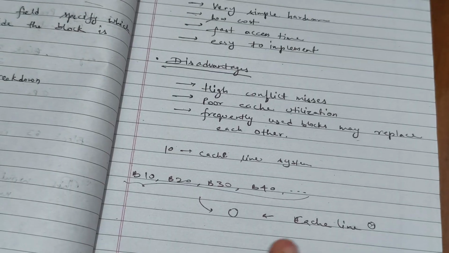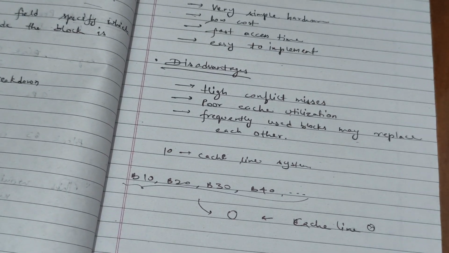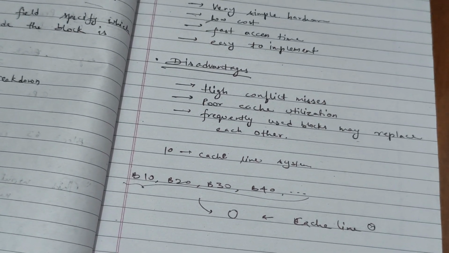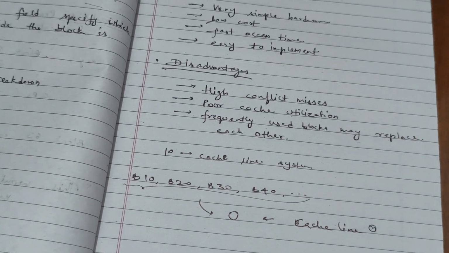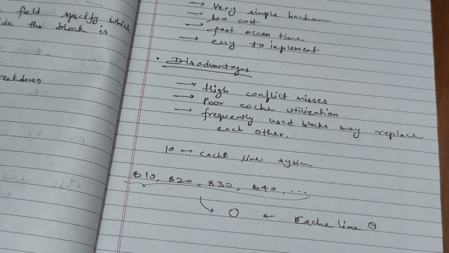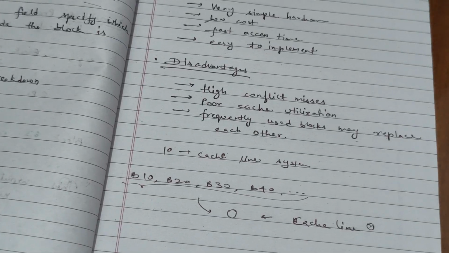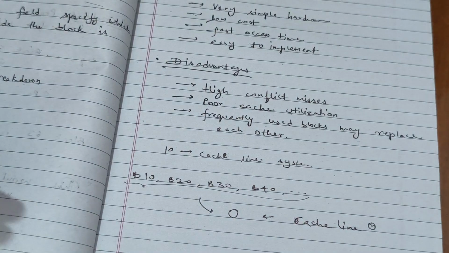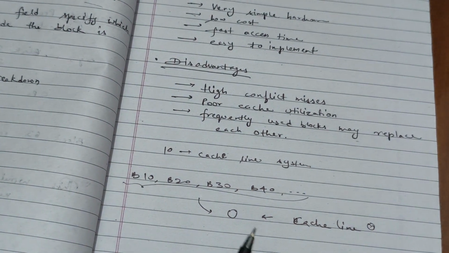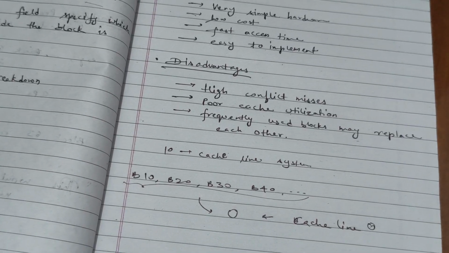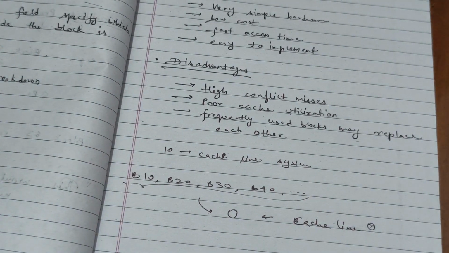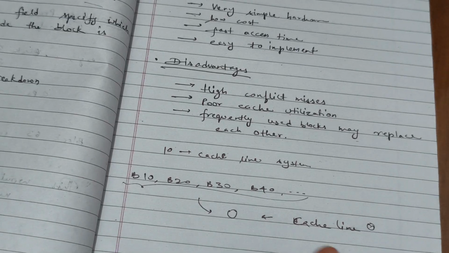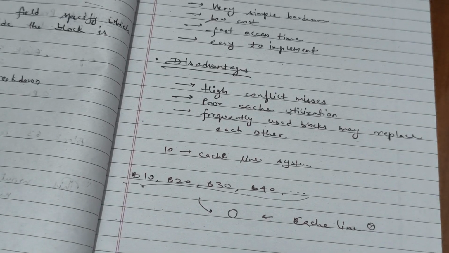these blocks. But there were 9 other cache lines as well, and some of them may not get utilized, right? So a cache line is getting replaced multiple times, while other cache lines, for example 1, 2, 3, are not used.